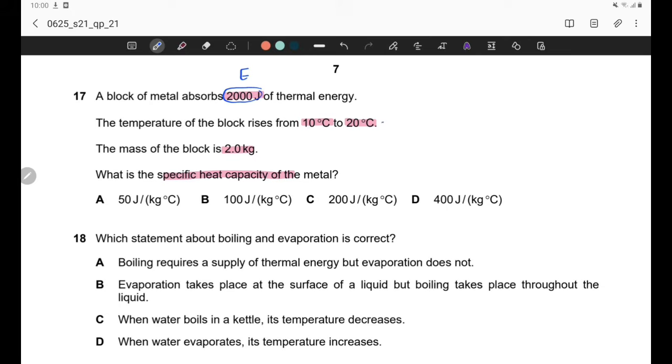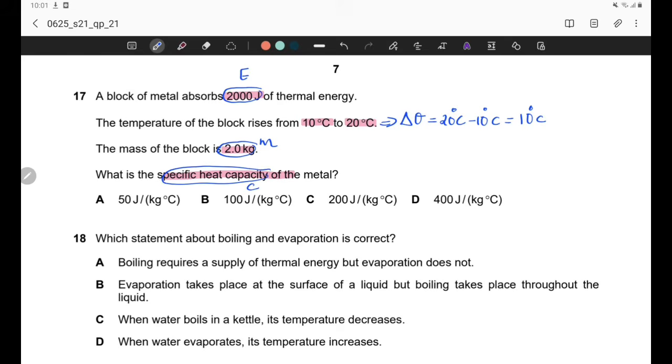So we can find the change in temperature, delta theta, by subtracting 10 degrees Celsius from 20 degrees Celsius. So the change in temperature is 10 degrees Celsius. The mass of the block is also given. We need to calculate the specific heat capacity C.